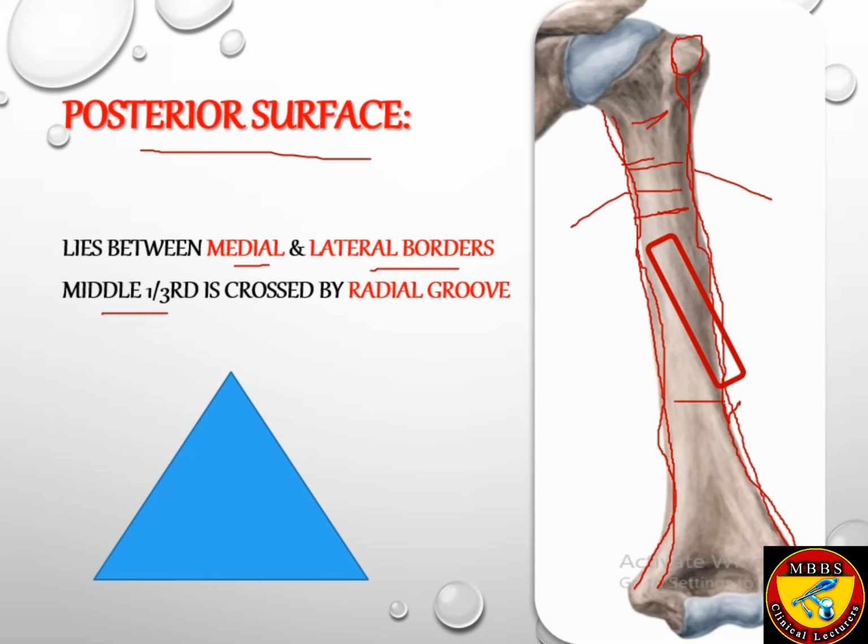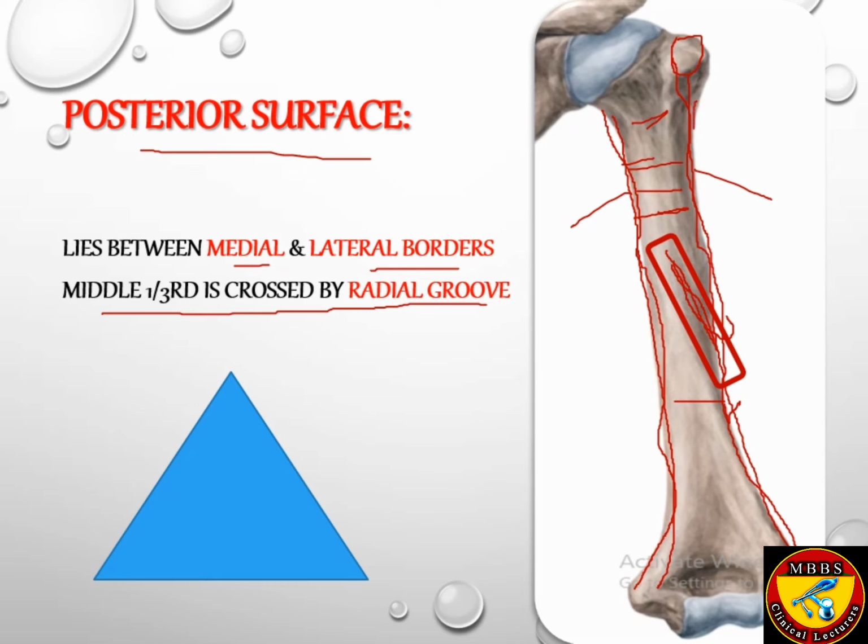The middle third is crossed by the radial groove. As we already discussed, this highlighted in a red rectangle is the radial groove. The radial groove is present on the posterior part, crosses the posterior surface, and across the lateral border it comes a little anteriorly.